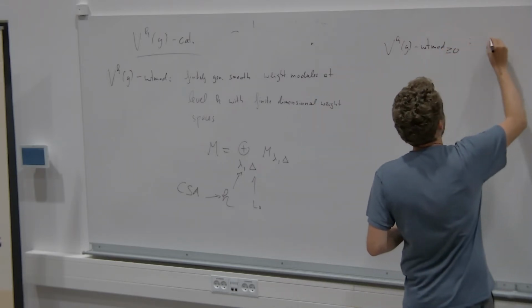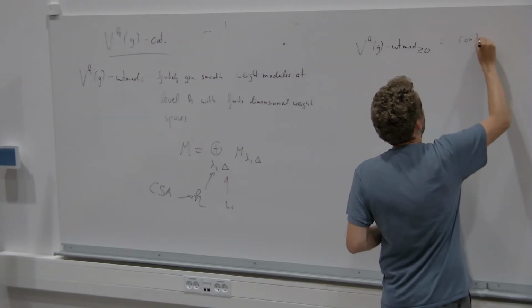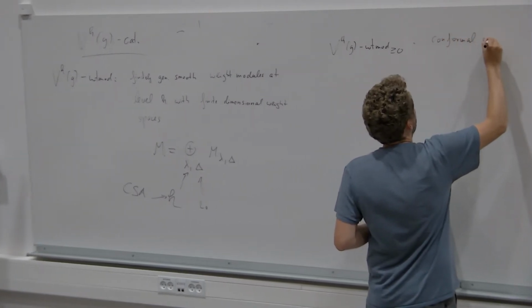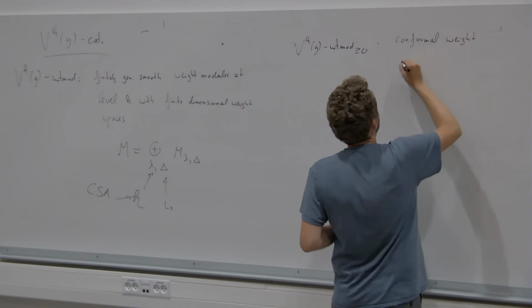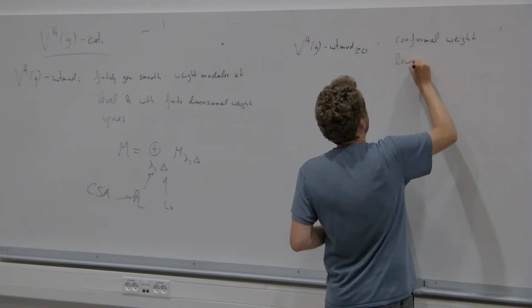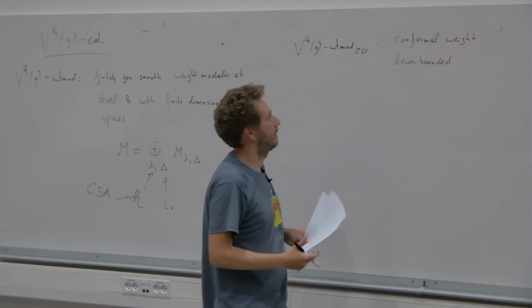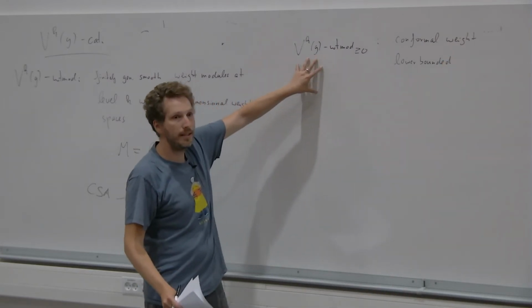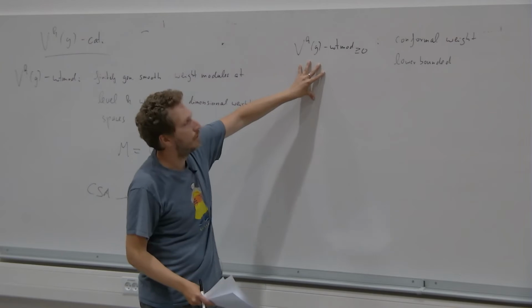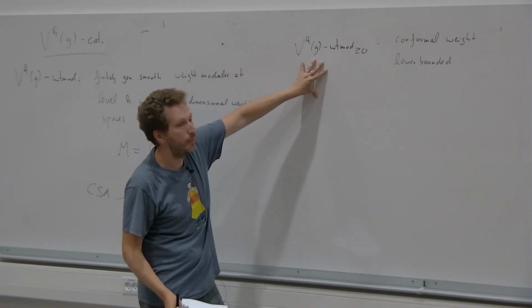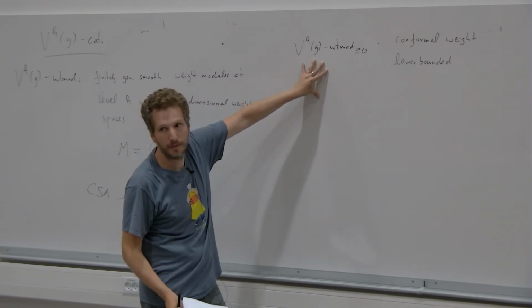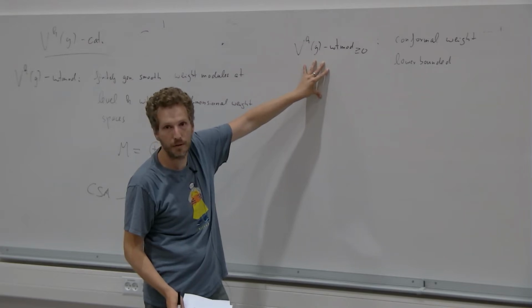And now we want to have a subcategory where in addition we want the conformal weight to be lower bounded. And this is the category you understand, in the sense that every module here comes from a module of the finite dimensional Lie algebra. All right, this is what the lower boundedness condition means.